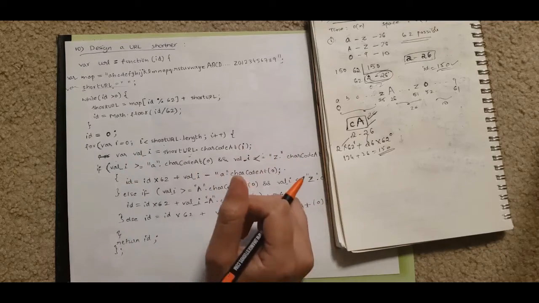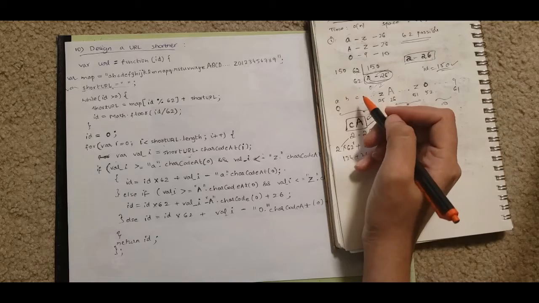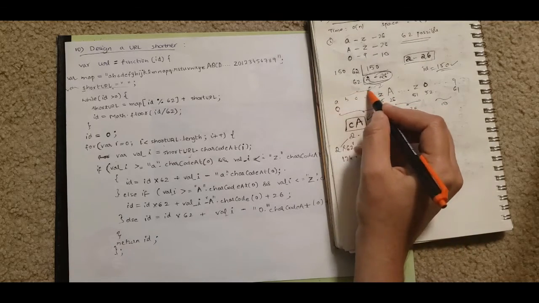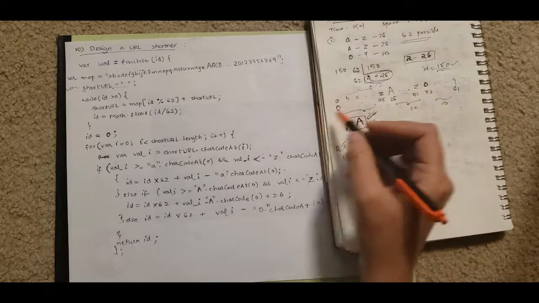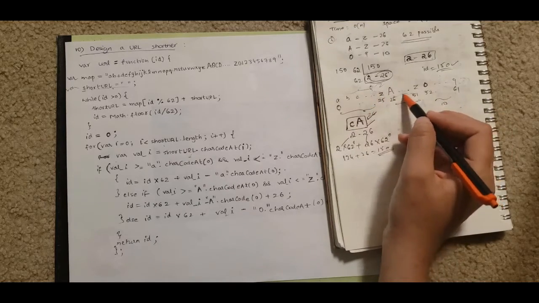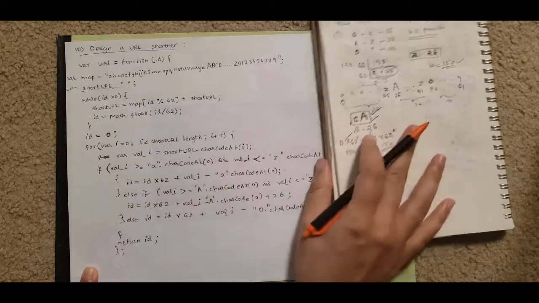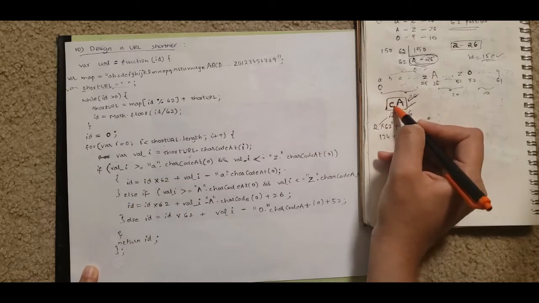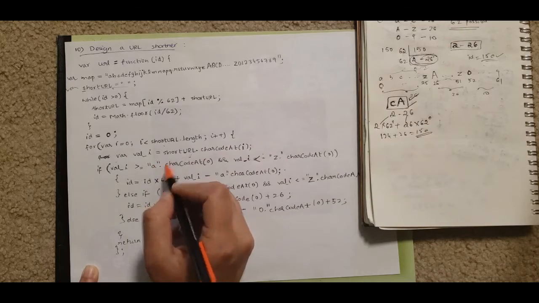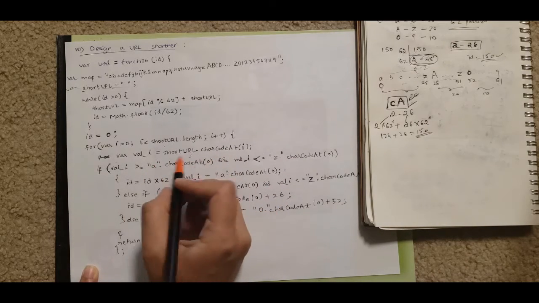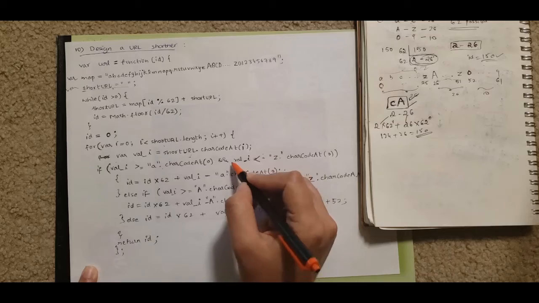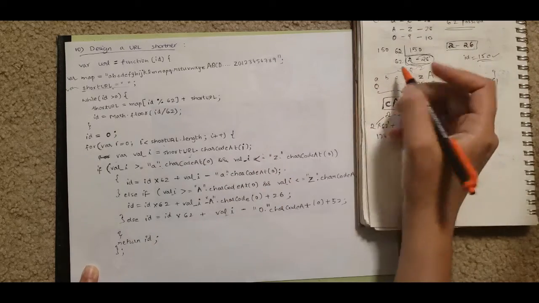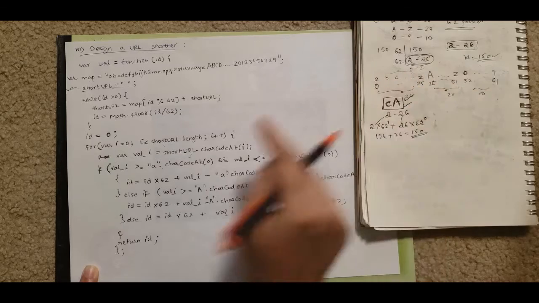Now I see if this c is present in the lowercase letters, the capital letters, or the numbers. If the value of i, that is the ASCII value of c, is greater than or equal to the ASCII value of a and less than or equal to the ASCII value of z, it is checking if it is present in between these.